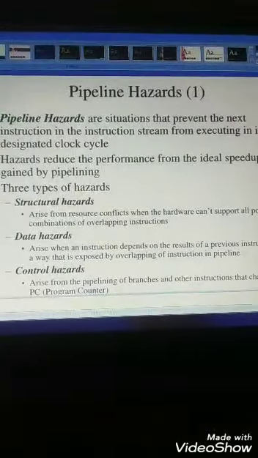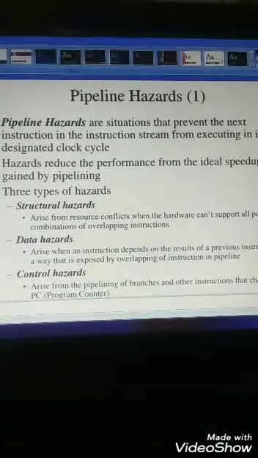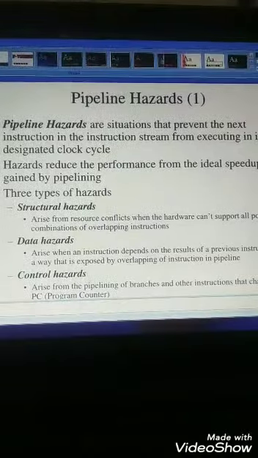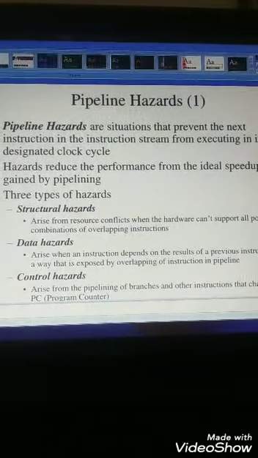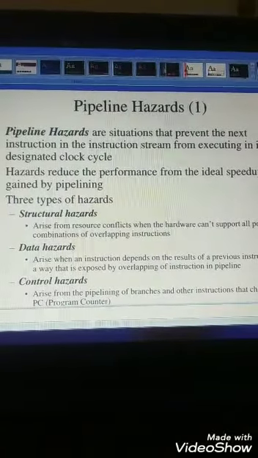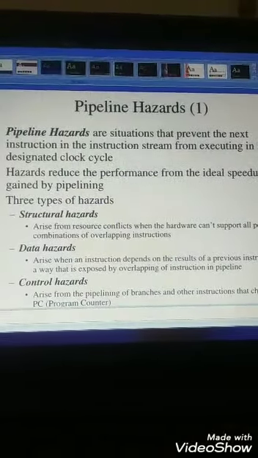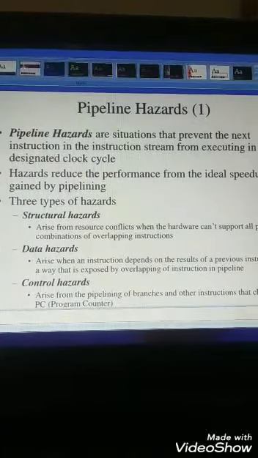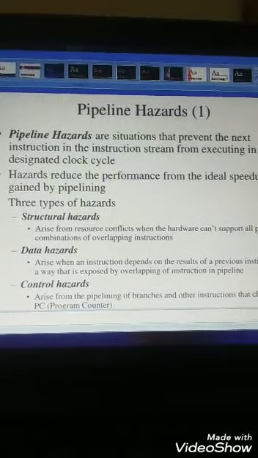Hazards are a situation that prevents the next instruction in the instruction stream from executing in its designated clock cycle, and it definitely reduces the speed gained by pipelining. There are three types of hazard: structural hazard, data hazard, and control hazard.